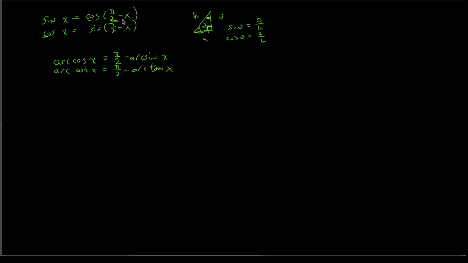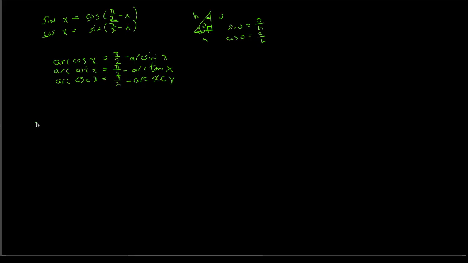Right? Because if we're going from the inverse, we're getting what's inside of the function. And so what's inside of cosine, if I do the arc here, the arc is going to return to me pi over 2 minus x, and x is what I'm going to get from the arc sine of x over here. So these relationships are tied by the pi over 2, and so arc cosecant of x is pi over 2 minus arc secant of x.